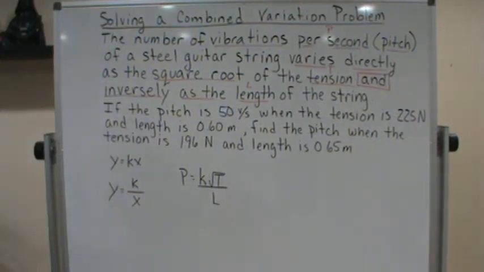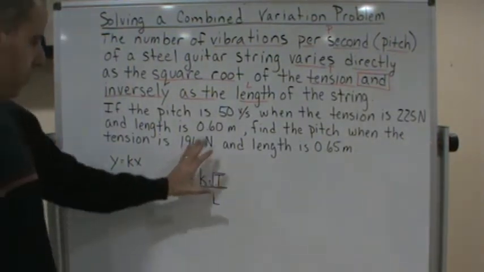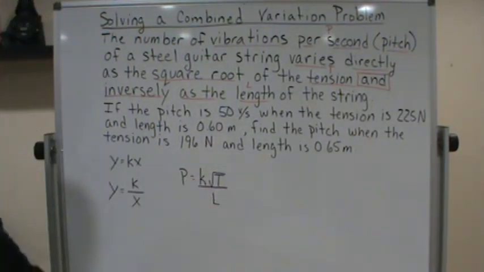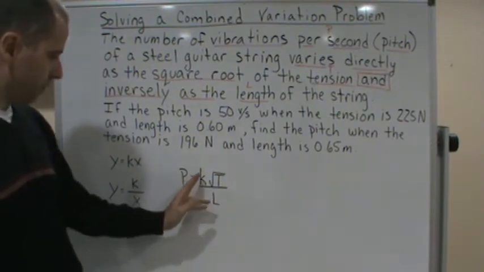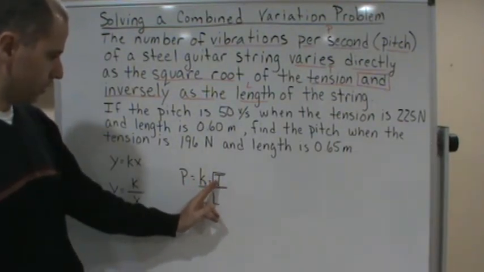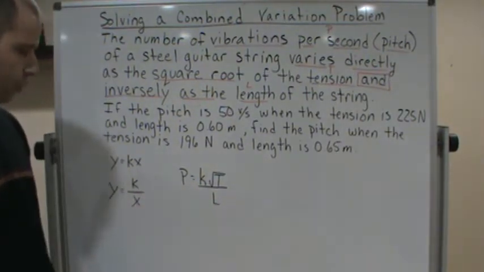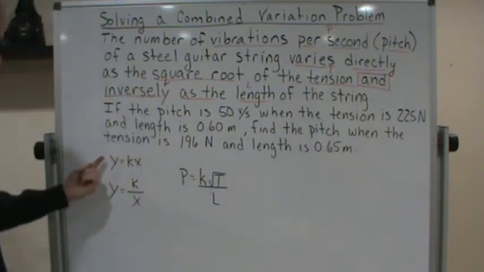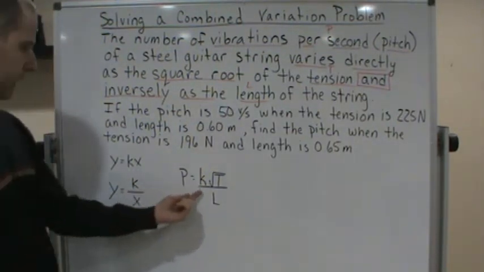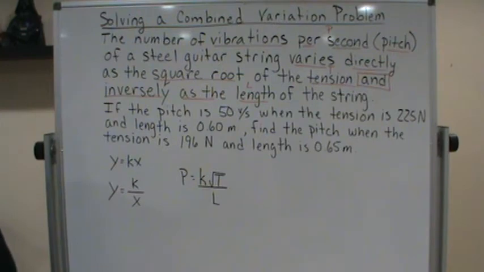And that's it, we're done. There's our relationship. This is what we call combined variation. So P, the pitch, varies directly with the square root of the tension, but inversely with the length of the string. All we did was put these 2 together in one relationship, just looking at the wording of the problem.